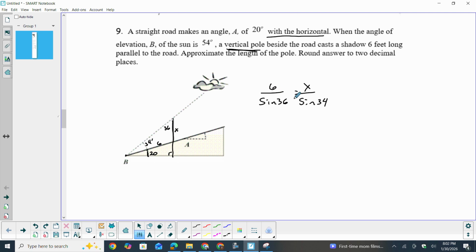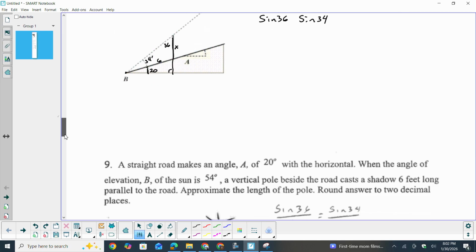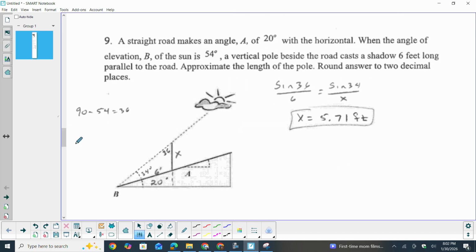Cross multiply, 6 times the sine of 34 divided by the sine of 36 should give you the x. And again, going down to the work I did earlier on the review worksheet answer key, there's the same setup, and that's what you should get.